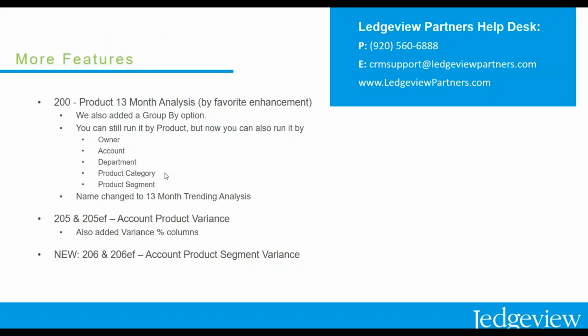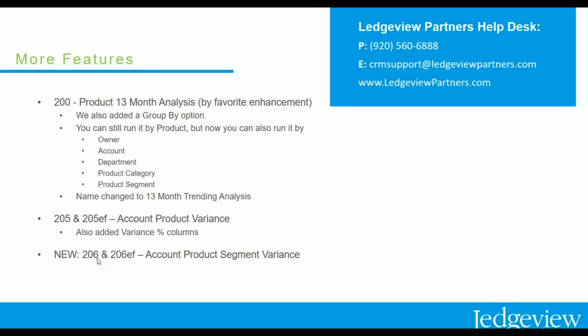We've also changed the account product variance report for those of you who run that. Again, we account for profit per unit. We've added a variance column, variance percent column. So this report is pretty detailed, right? It's down to the account product level, so it's a pretty long report. We've got some requests to summarize the product data to the product segment level within an account.